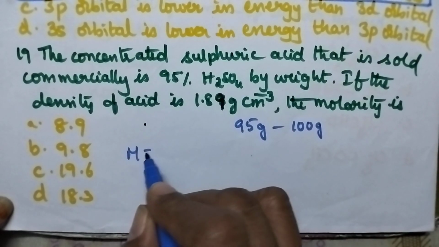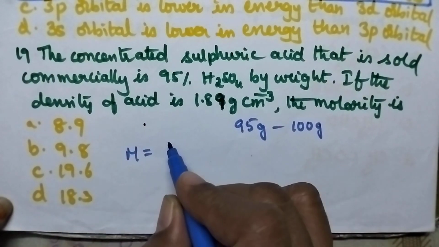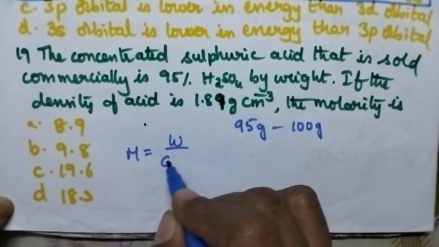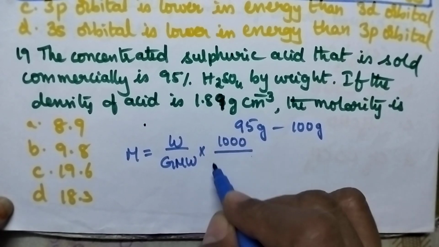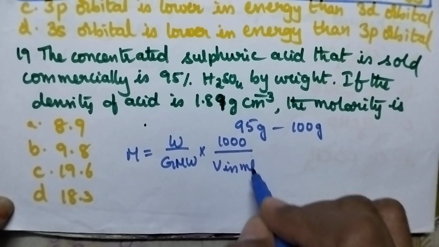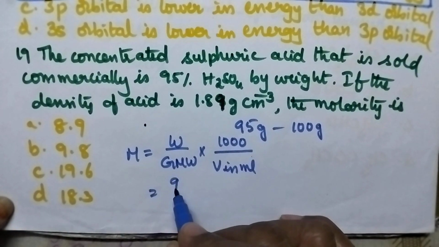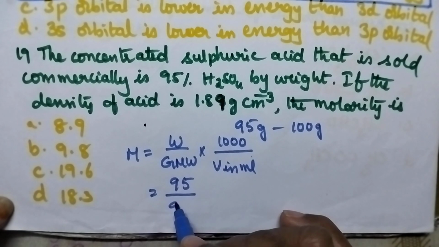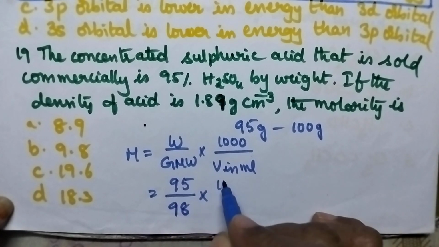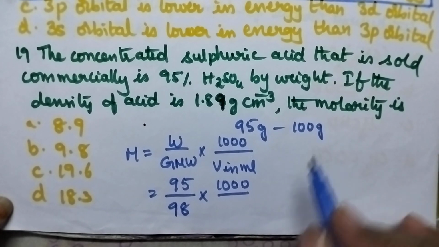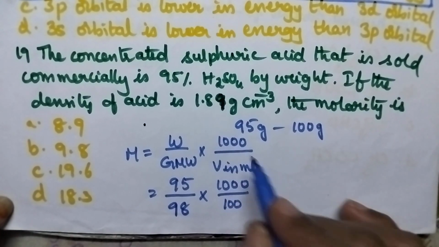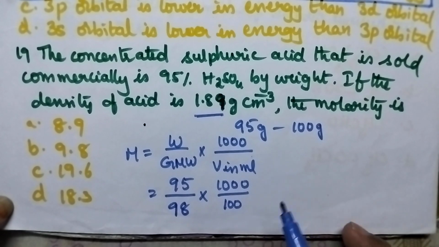We calculate molarity using the formula weight by gram molecular weight into 1000 by volume in ml. The weight of the sulfuric acid is 98, the gram molecular weight is 98, and the volume of the solution is not given; the weight is 100, but the density is given.